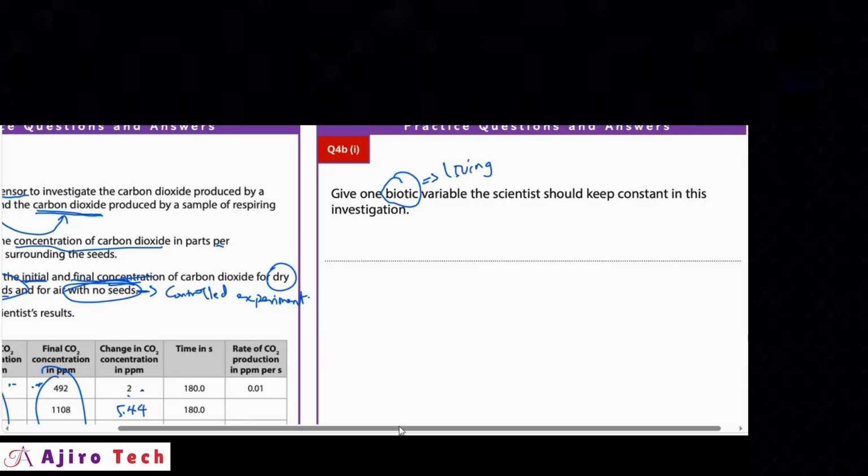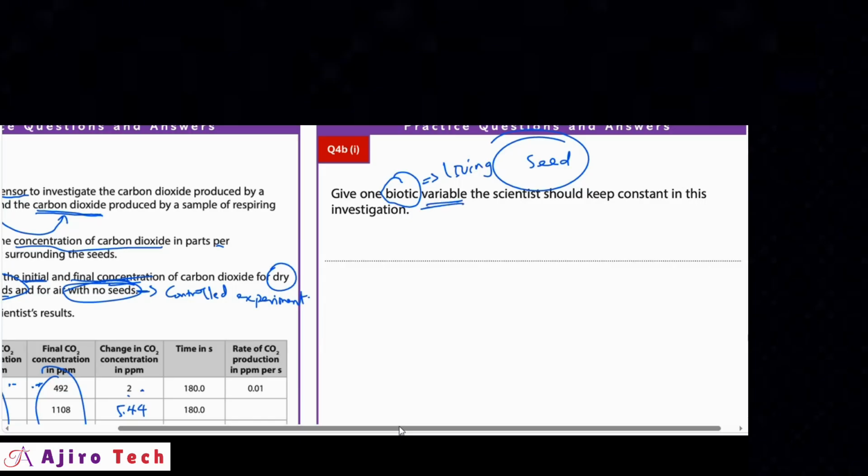The only part of this investigation that is living is a seed. So that is what you are going to write, and not just an ordinary seed. You should still add some adjectives to qualify, because it says give one biotic variable.